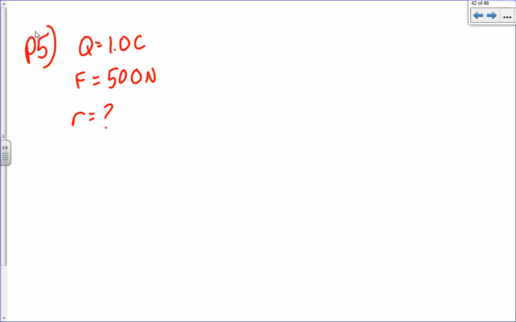So we're going to posit then that in order to get this force, these two charges, well, let's just look at it. So F is equal to K Q Q over R squared.